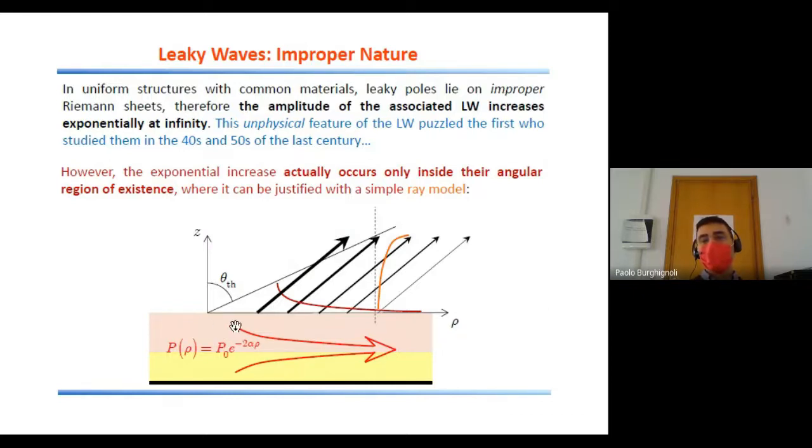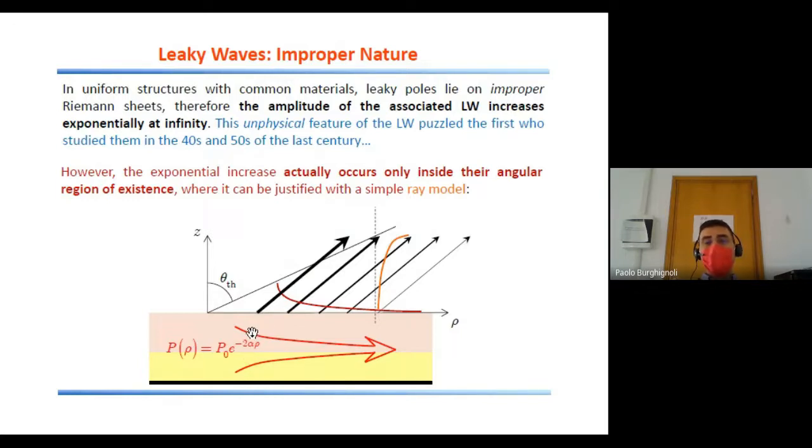Since this wave radiates, its wave number along rho is a complex number with an attenuation constant, and therefore the real power associated with the wave decreases with rho. If you increase rho, there will be an exponential decrease, e to the minus 2 alpha rho, where the 2 comes, of course, from the fact that power is quadratic in the field.